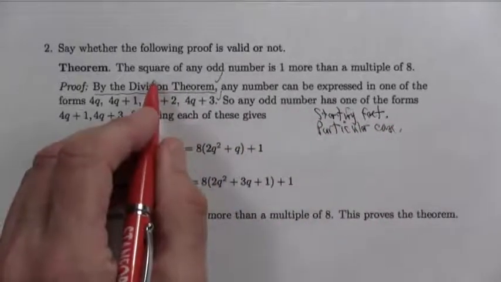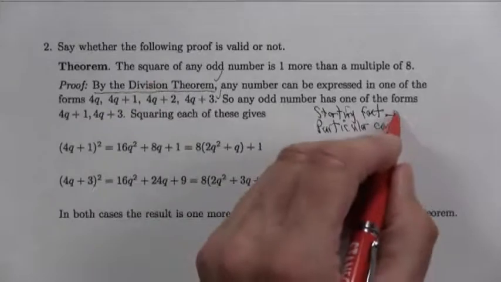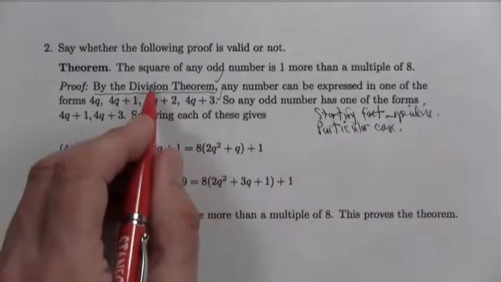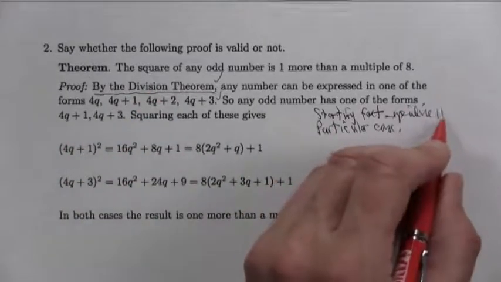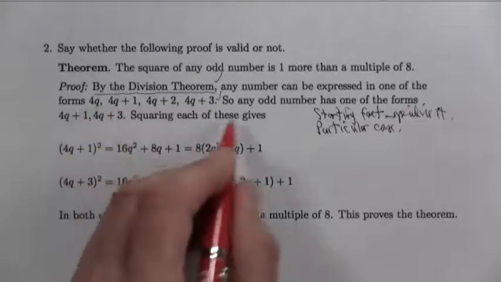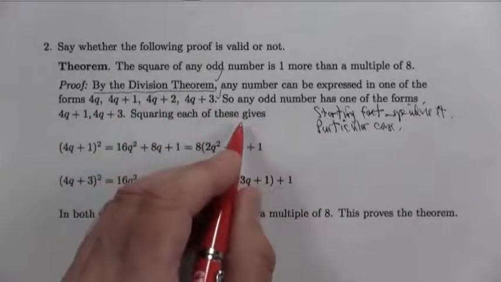Starting fact is the division theorem, then we specialize it to this case of divisibility by 4. Then we look at a particular case and say odd numbers of that form.